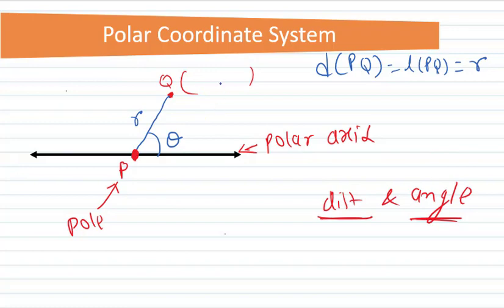So how to denote point Q? By using this, your R and the angle theta.